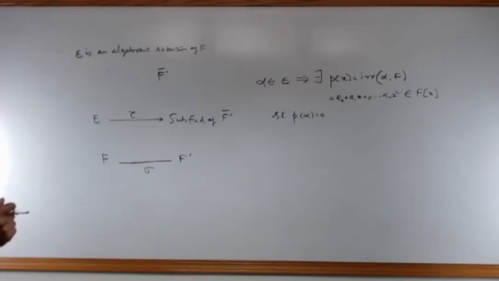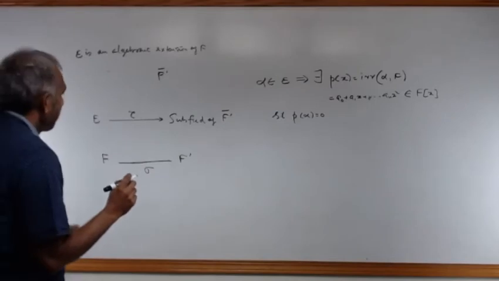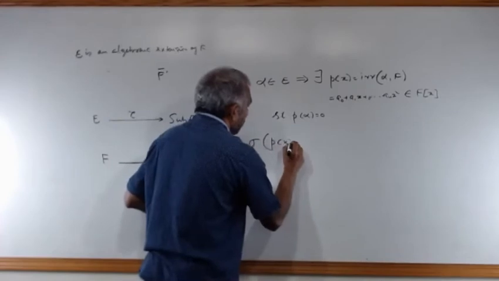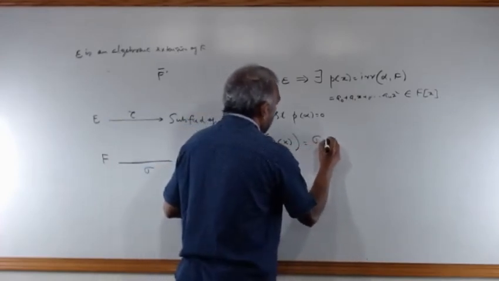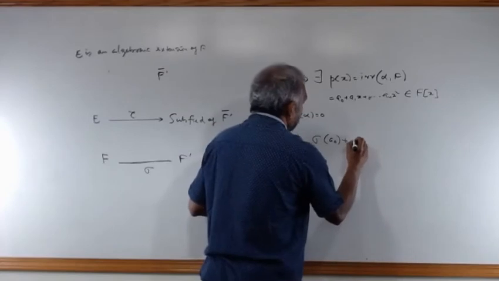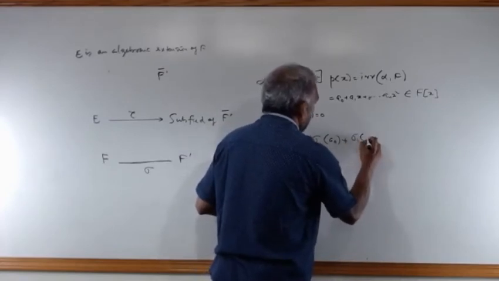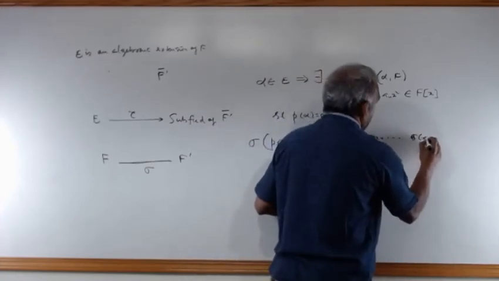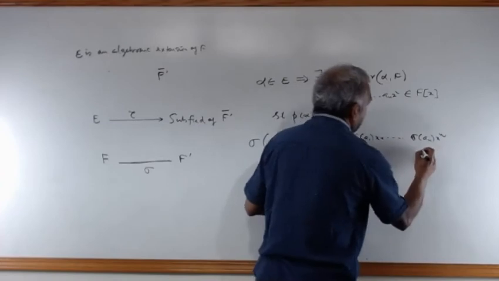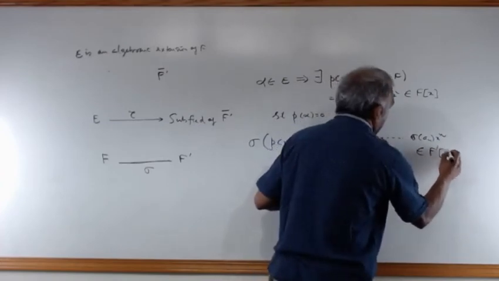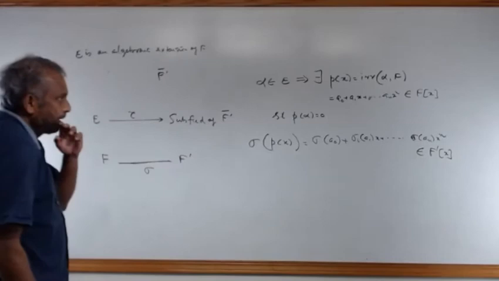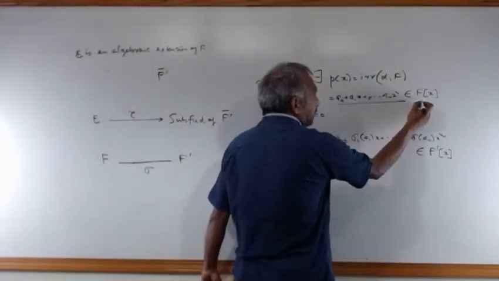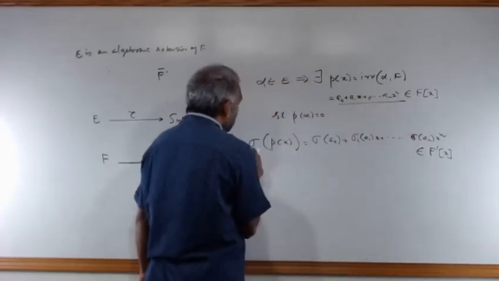Now, under this map, what is going to be the image of p(x)? It is sigma(a0) + sigma(a1)x + ... + sigma(an)x^n, and that belongs to F prime[x]. p(x) is irreducible in F[x], and sigma is an isomorphism.